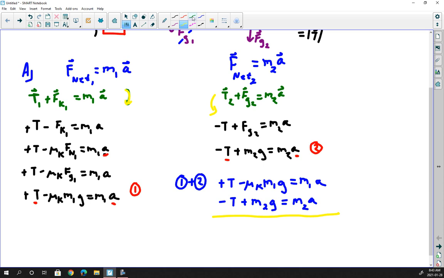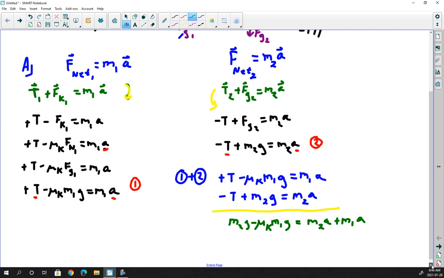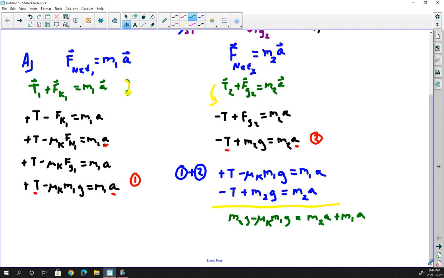Okay, what do we got here? Let's add these two terms together: m2 g minus mu k m1 g. Let's add these ones here: m2 a plus m1 a. So as usual, if you have to, pause the video and go through it slowly at your own pace. That's the beauty of this.